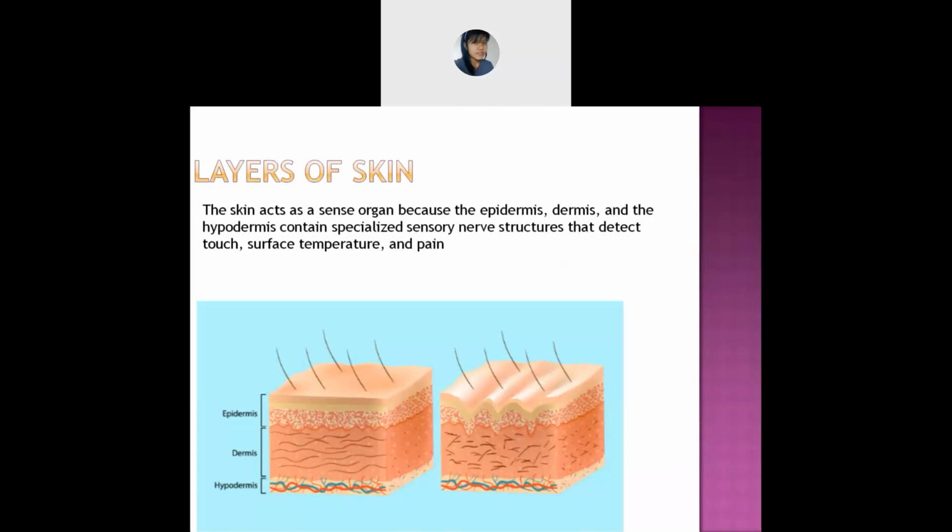And it is divided into three layers, which are epidermis, dermis, and hypodermis. So these are the three layers that you will find. And in the sensory nerve, you will be able to detect.